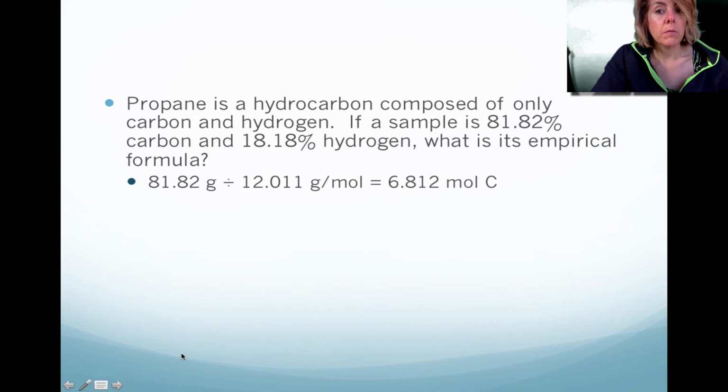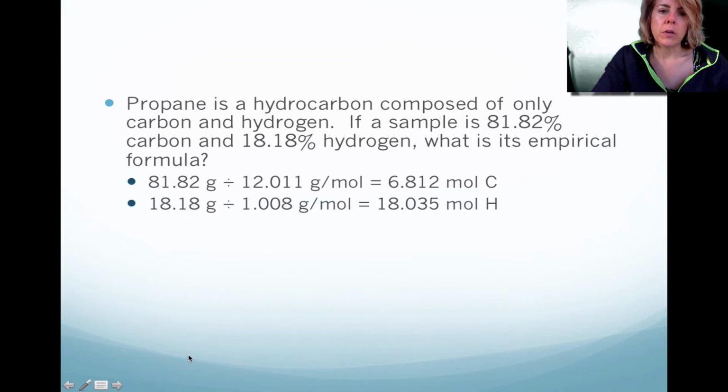So notice that we converted 81.82 to just grams, and we're going to convert it to moles by dividing it by the molar mass of carbon. So that tells us the moles of carbon. And then obviously you're going to take the mass of hydrogen and divide it by a molar mass of hydrogen to get the moles of hydrogen.